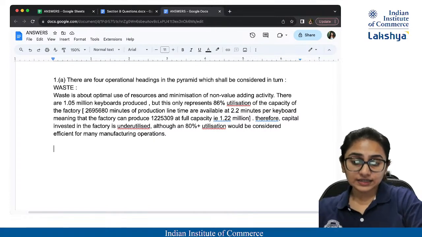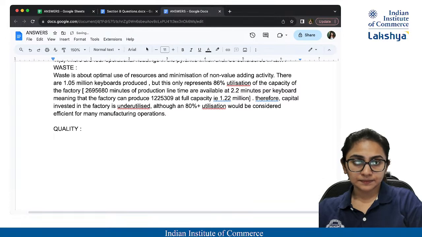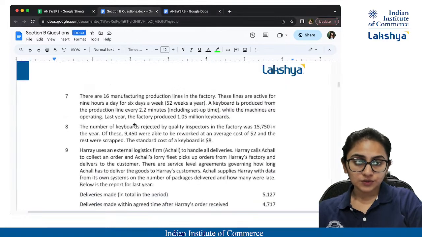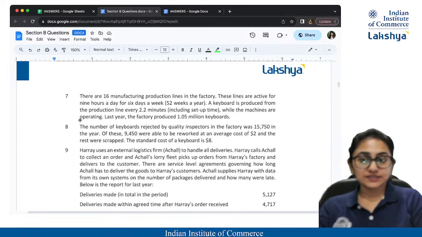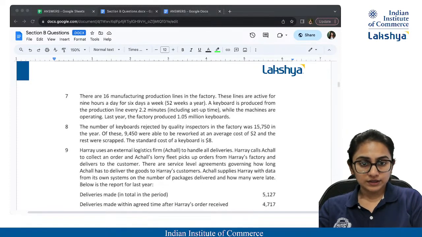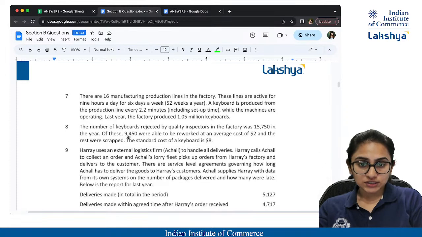The second thing is regarding quality. What can be said about quality? What is quality? Rejections should be less. If rejections are less, that means the quality is number one. So what is there regarding rejections? The number of keyboards rejected by quality inspectors in the factory was 15,750 in the year.